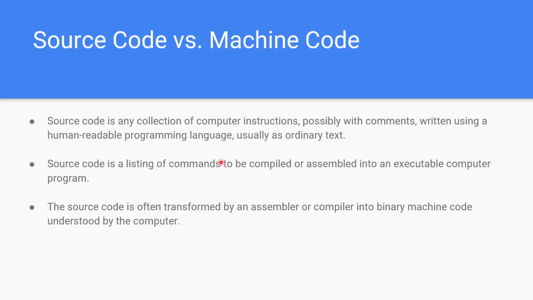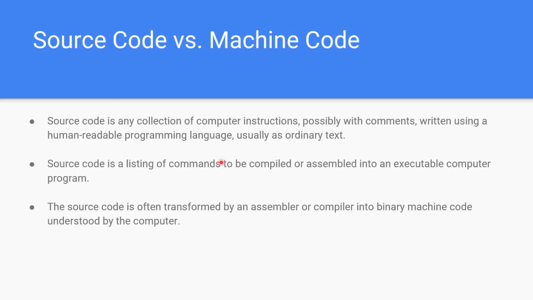So, source code versus machine code. Interestingly enough, source code is written for programmers, for people, and so it has a lot of qualities that make it very understandable. Machine code is very hard for people to understand. It's meant to be run on the processor. It is very, very low level, so very fundamental tasks are completed by machine code.